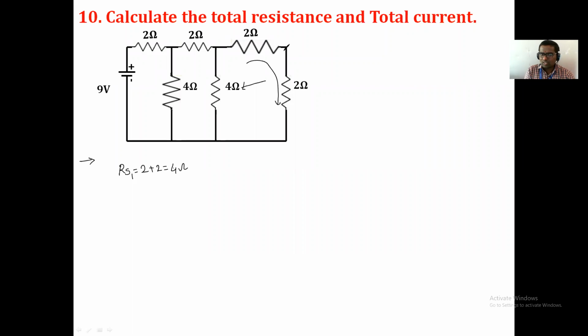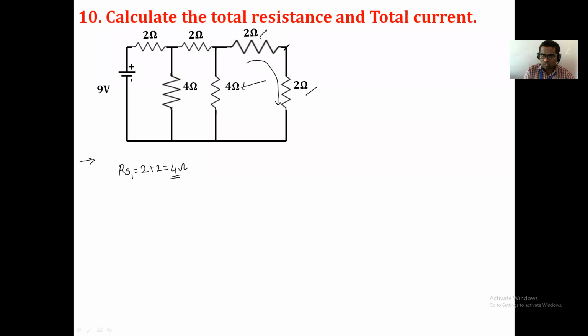But my question is where I can connect this 4 ohm in the main circuit diagram. If I want to replace this 2 ohm and this 2 ohm, then how to connect this 4 ohm resistance? For that, you have to check where actually these two series resistors are connected, that is, in between which 2 points. In the diagram, I say this is point A and this is point B. In between points A and B, these two resistors are connected in series.